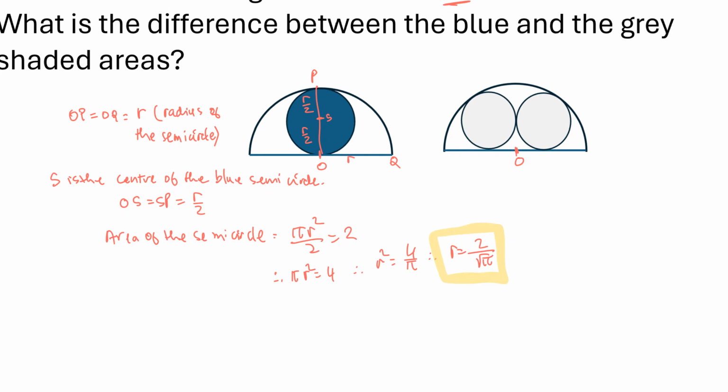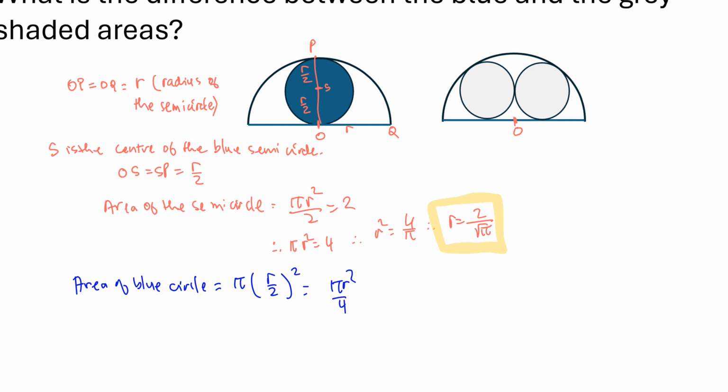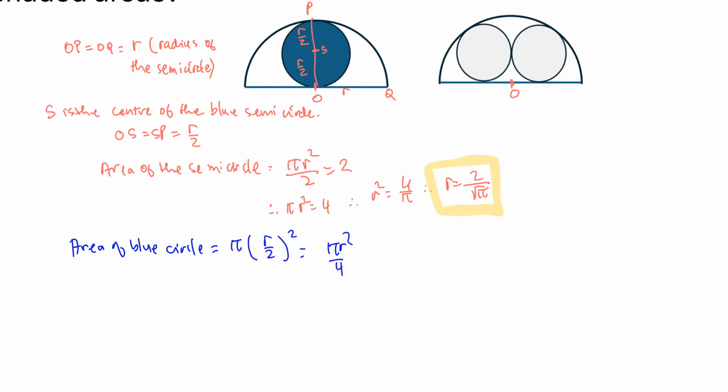So I can write here, area of blue circle. So that would be pi times the radius r over 2 squared, that is pi r squared over 4, and then we put in the value of r.